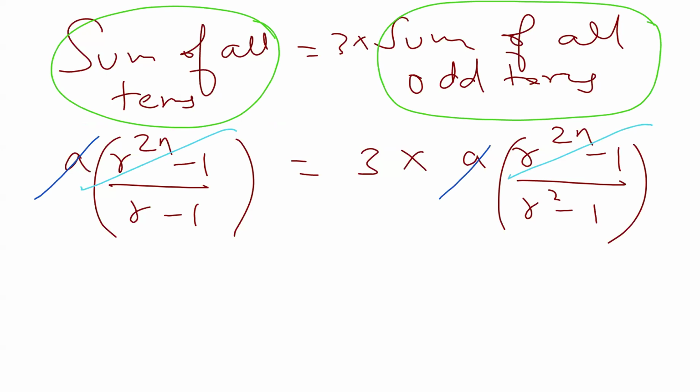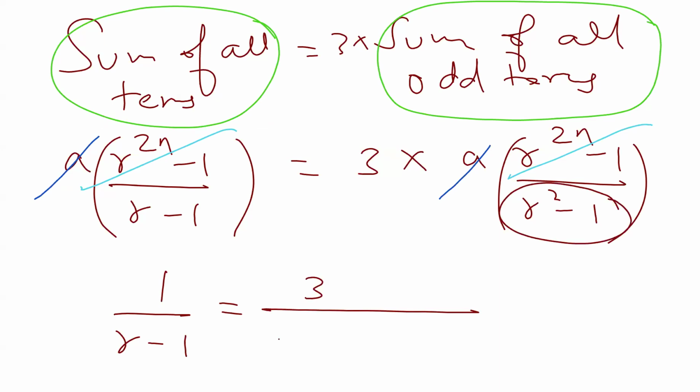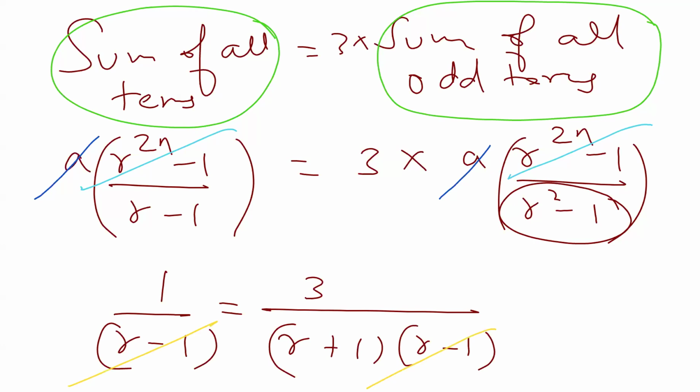R raised to 2n minus 1 will also get cancelled on both sides. So we are left with 1 upon r minus 1 equals 3 upon r square minus 1, which is r plus 1 into r minus 1. Again, r minus 1 will get cancelled, cross multiply. R plus 1 is equal to 3, r is equal to 2.